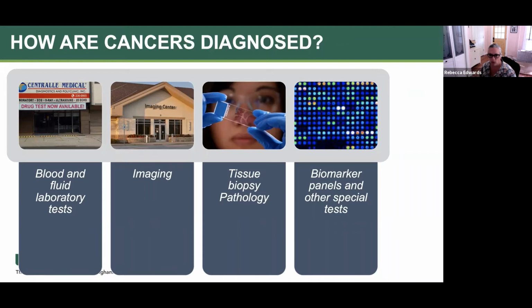Also, more and more in our current culture of diagnosing cancers, biomarker panels and other special tests have become very, very important for diagnosis, as well as, excuse me, I apologize for that disruption. So let's move on here.